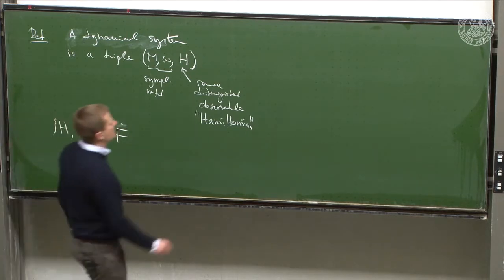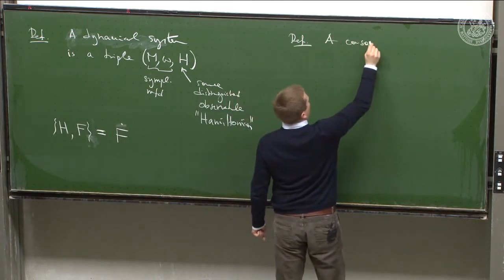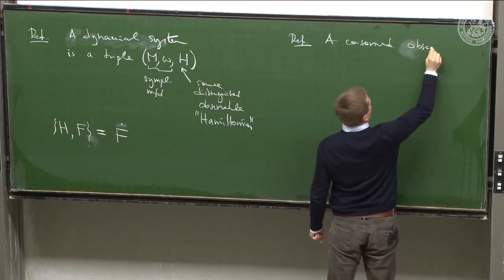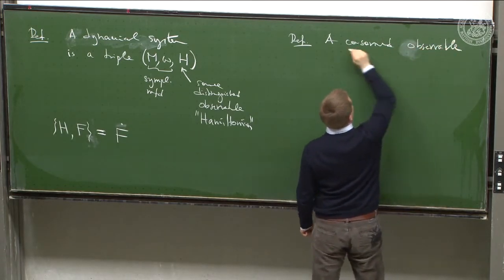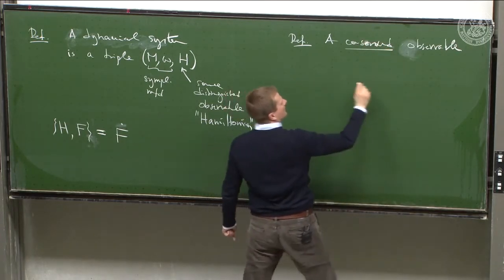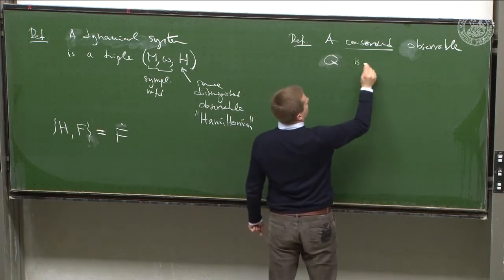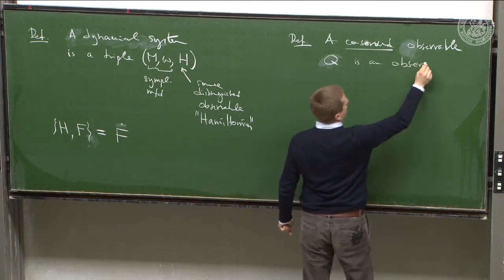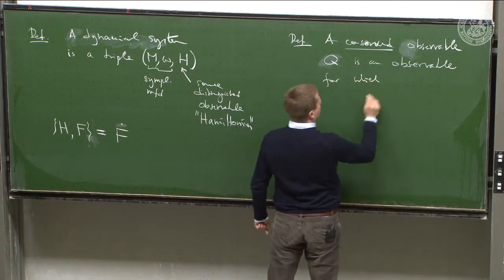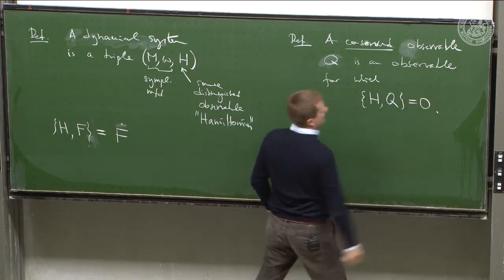Okay, and then we have the definition that a conserved observable or quantity, let's call it Q, is an observable for which the Poisson bracket with the Hamiltonian is 0.